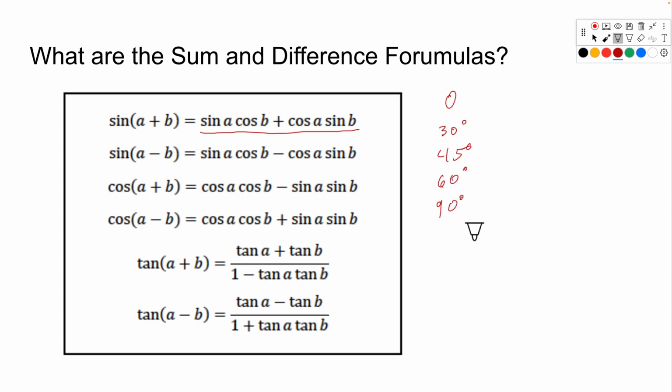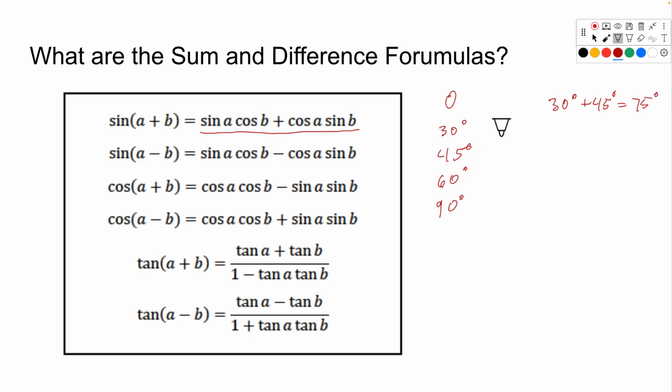We know exact values for these on the unit circle. So what this allows us to do is combine them, say 30 degrees plus 45, which is 75 degrees. We can actually get an exact value for a 75 degree angle with one of these formulas.